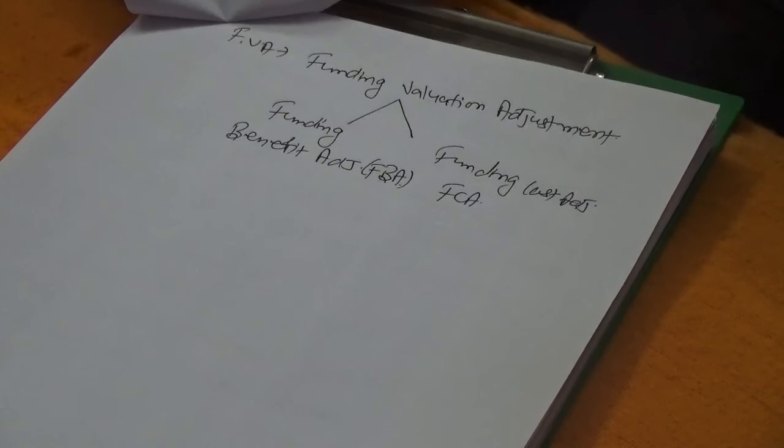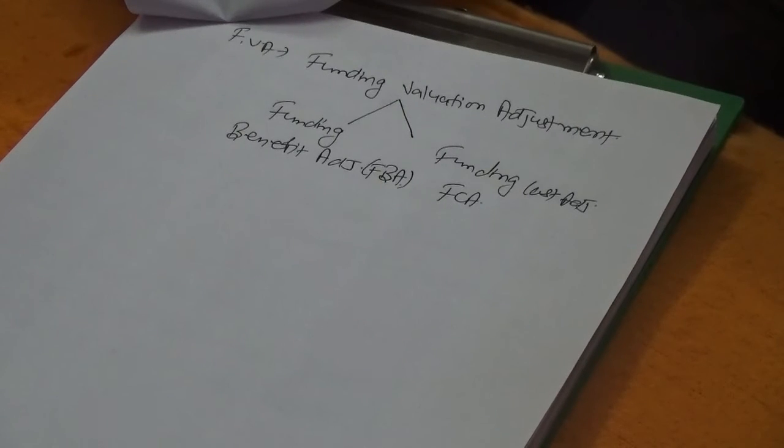The value of the funding benefit can be seen as the rate at which the bank can raise cash, which is based upon its own credit quality. So the funding benefit adjustment has a significant overlap with the debit valuation adjustment.